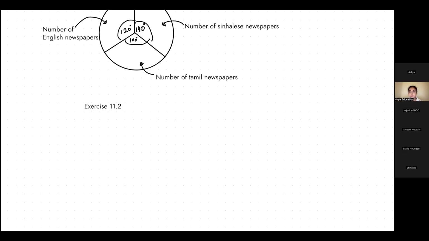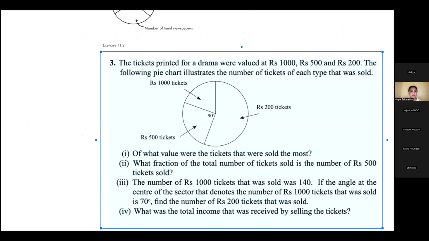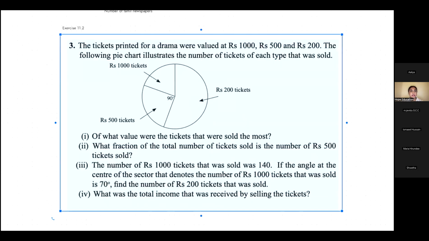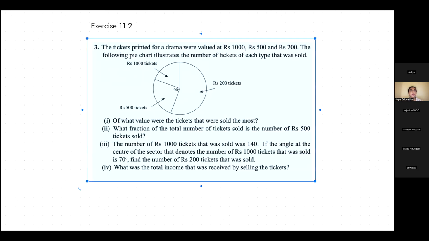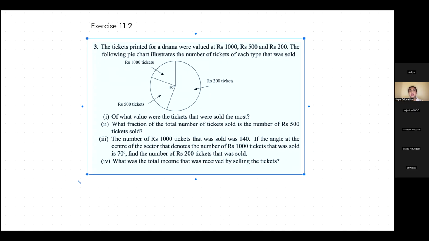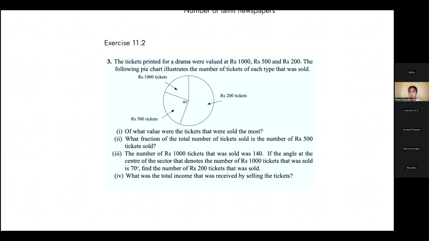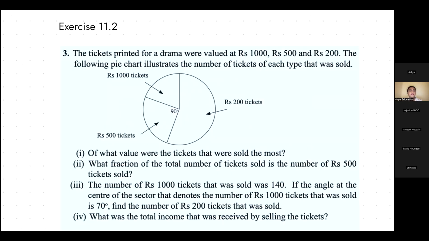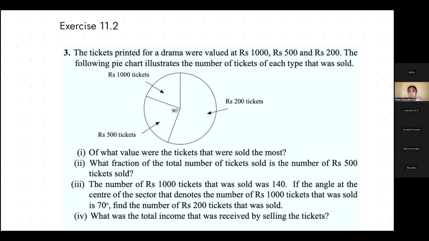Tickets. The tickets printed for a drama were valued at 1,000 rupees, 500 rupees, and 200 rupees. The following pie chart illustrates the number of tickets of each type that was sold.